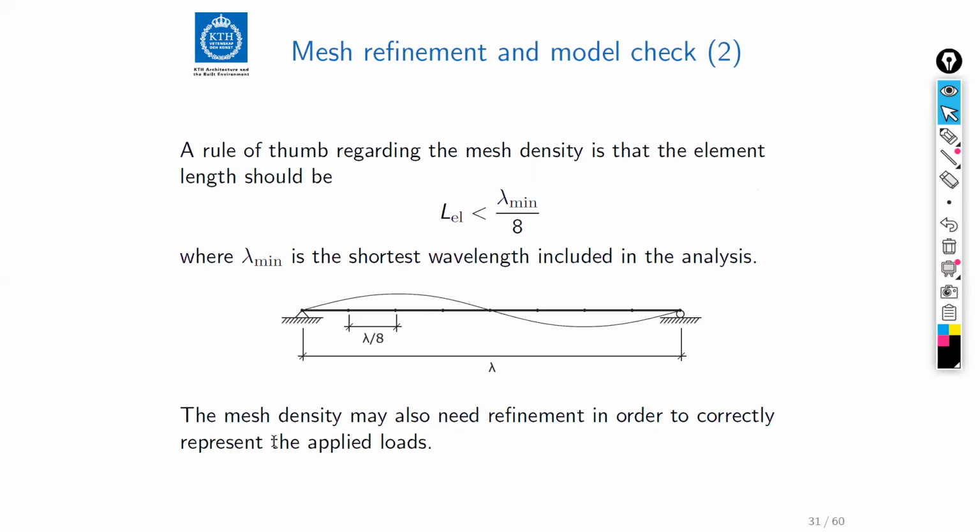But the mesh density has some other interesting things that happen. Because one thing that happens when we start to do dynamic analysis is that apart from the structure moving and changing its state of deformation over time, now also the loads can move over time. So sometimes we find that we need to increase the mesh density to be able to model moving loads in an accurate way.